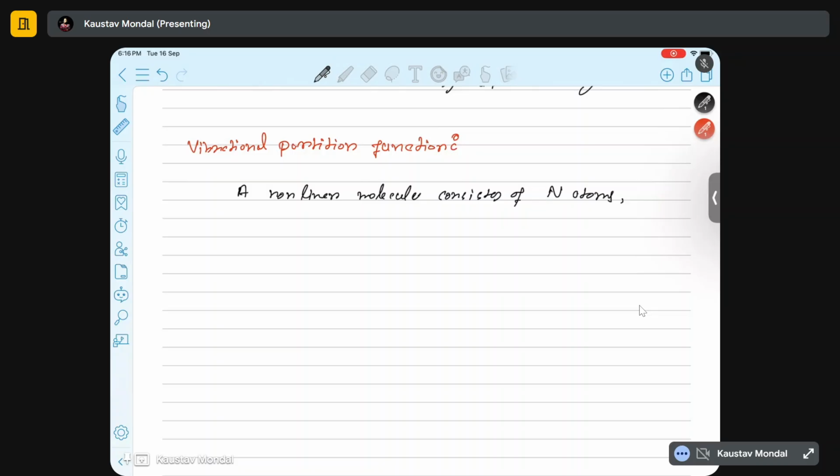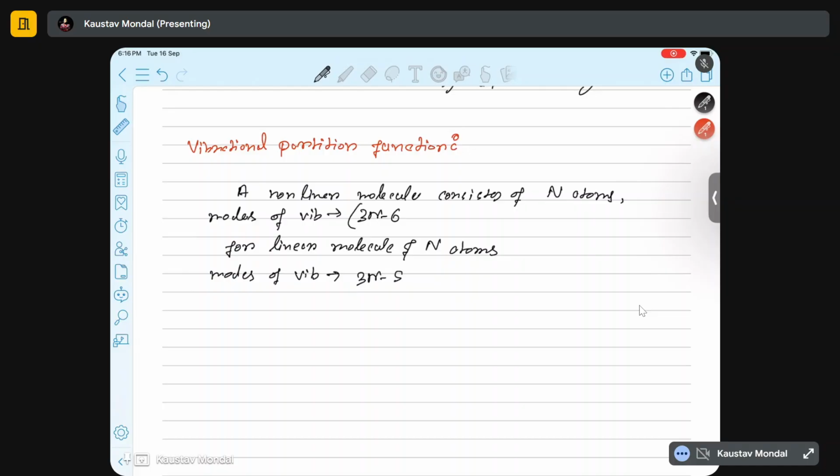In that case, the number of modes of vibration would be 3n minus 6, and for a linear molecule of n atoms, the modes of vibration would be 3n minus 5. So these are the modes of vibration.